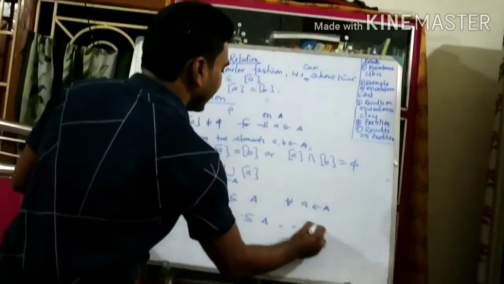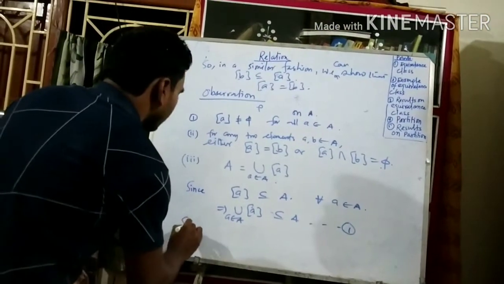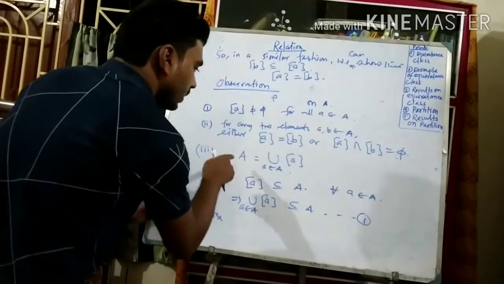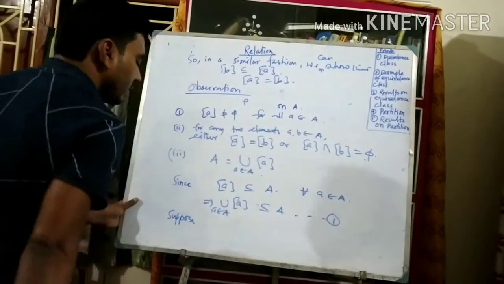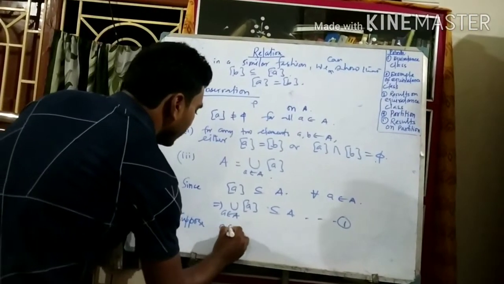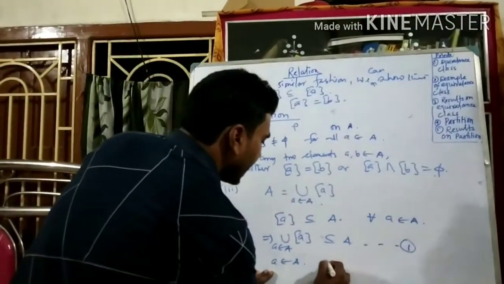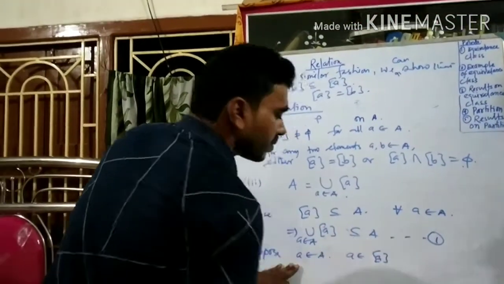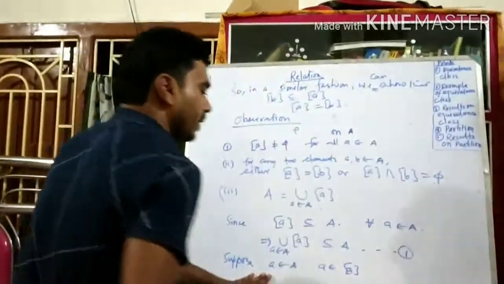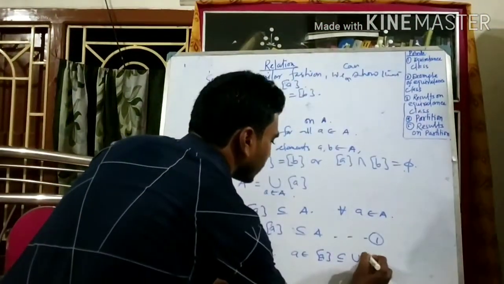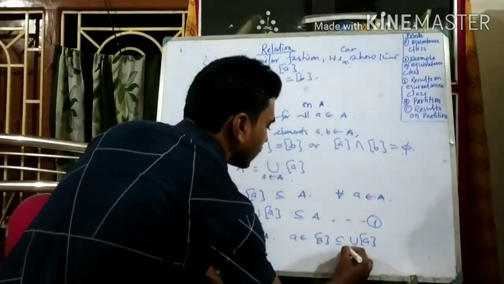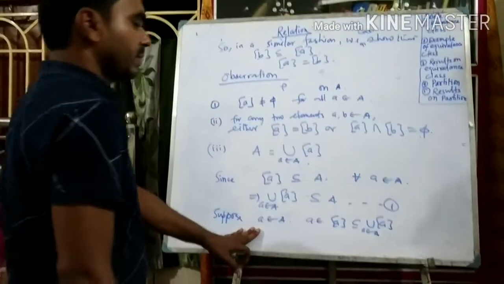So next we have to show that A is a subset of the union of this. So suppose a belongs to A, an arbitrary element. Therefore a belongs to class a, and this is a subset of the union of class a, a belongs to A, right?